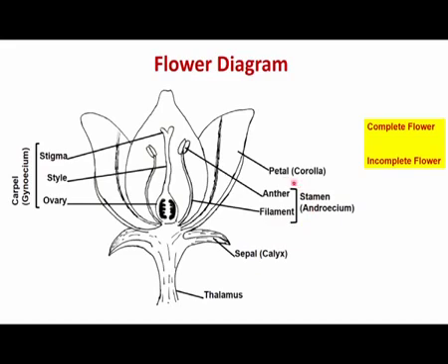Each stamen consists of the anther, which is the part that has the pollen sacs. In some cases it has two pollen sacs and in others four pollen sacs.